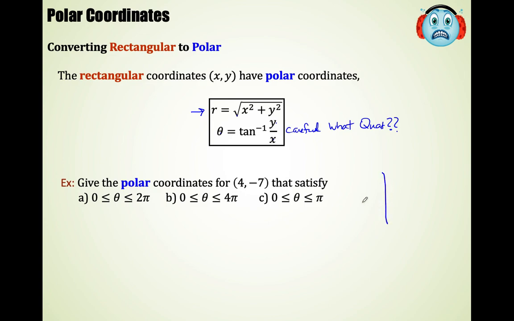So the first thing I'm going to do is draw this. This is rectangular form. X comma y, 4, -7. I'm in the fourth quadrant.